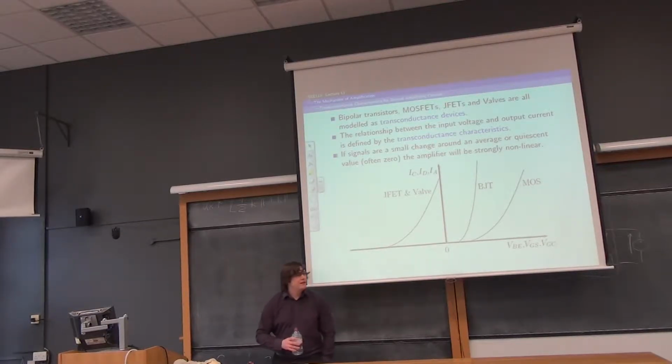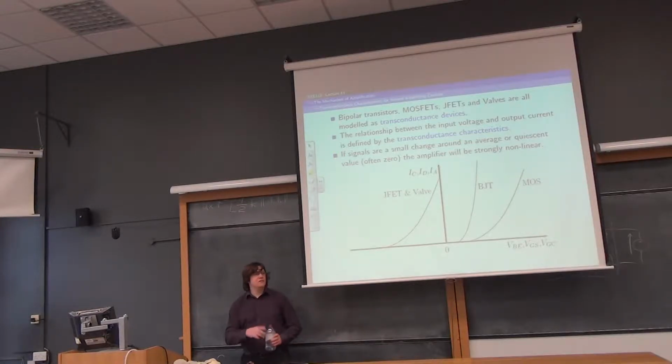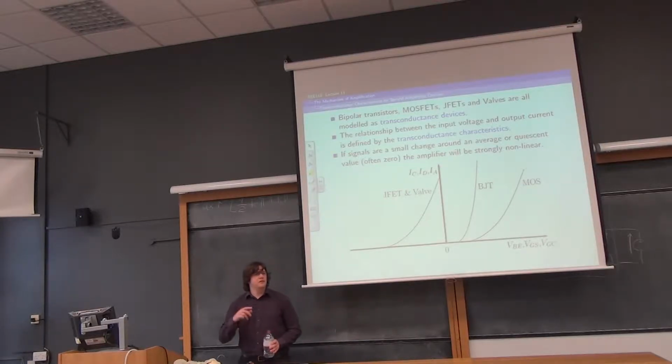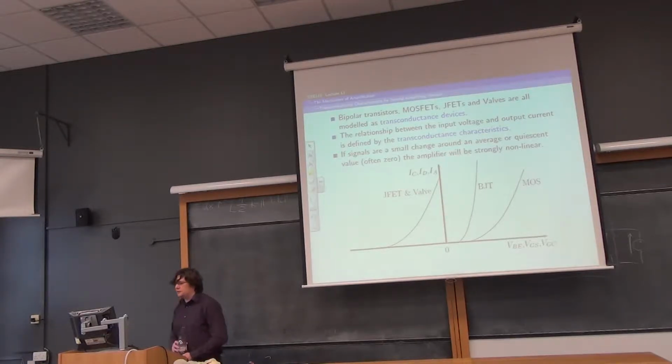Cubic. It's nearly cubic actually. It's raised to the 1.5. So it's something called permeance, which is to do with the grid spacing and so forth in the valve, times VGK, grid to cathode voltage, raised to the 3/2. And you can go and read about it. There's some very good books on valves in the library if you're interested in that sort of thing.